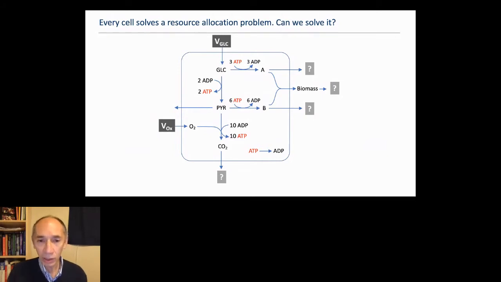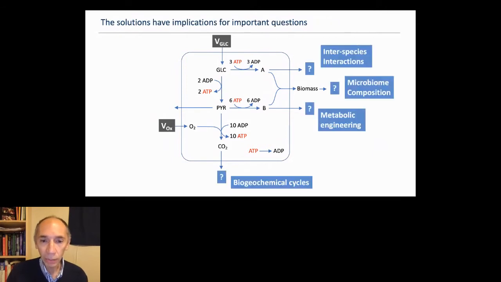And all of this matters very much. If we can solve this problem ourselves mathematically, we'll be able to get insight into interspecies interactions. Some of the compounds that microbes produce will mediate interactions with other species. The biomass itself will, of course, determine the microbiome composition in combination with other organisms.